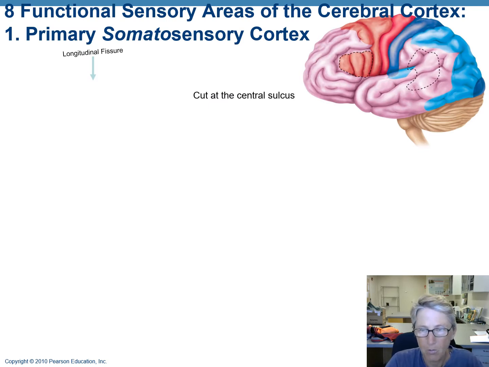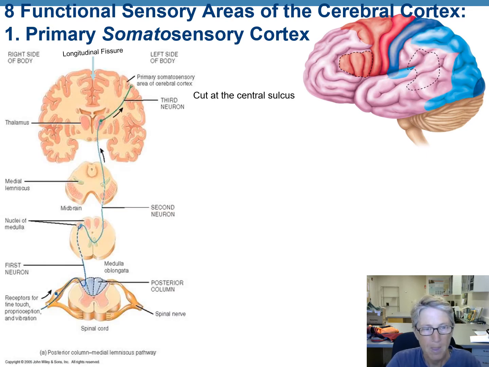So here's our cartoon. This is a lateral view of the left cerebral hemisphere. And in this cartoon, I haven't shown this yet, but it's the pathway, a sensory neuron pathway going from the periphery up to your brain.